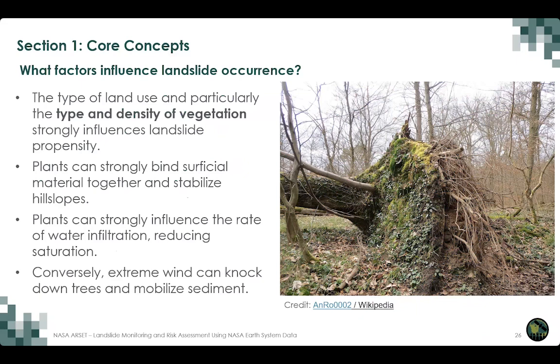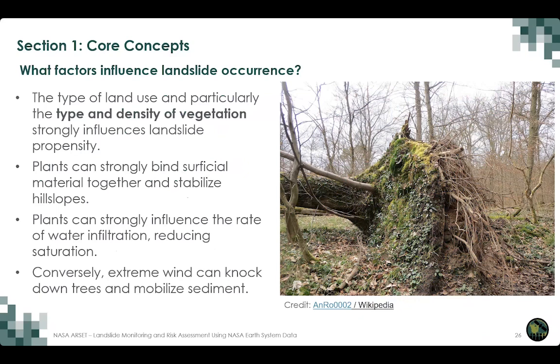And similarly, roots and plants act to increase the rate at which water infiltrates and flows through subsurface areas. So in other words, the water moves more quickly through these areas, which reduces the potential for saturation. And as a result, typically, we would see a lower likelihood of landsliding. So again, there's lots of different ways that this can interact.